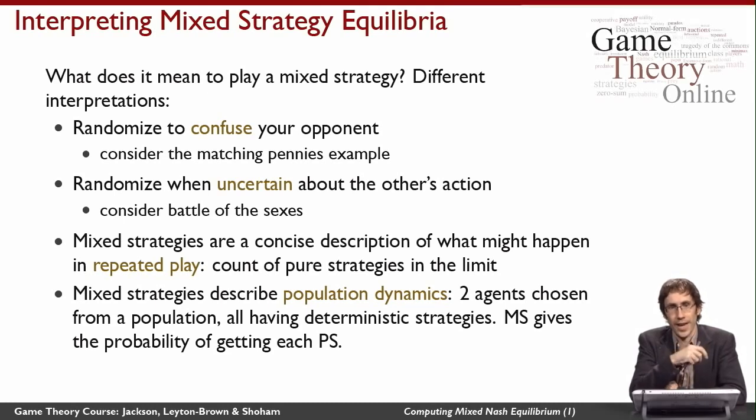So if one population has 2/3 Bs and 1/3 Fs, and the other population has 1/3 Bs and 2/3 Fs, then if we were sampling those populations, they would be in equilibrium relative to each other. So that's another story we can tell that explains what equilibrium might mean, and what it means to be playing a pure strategy, a mixed strategy, and to be in equilibrium there. And that concludes our discussion of how to compute mixed strategy equilibria.